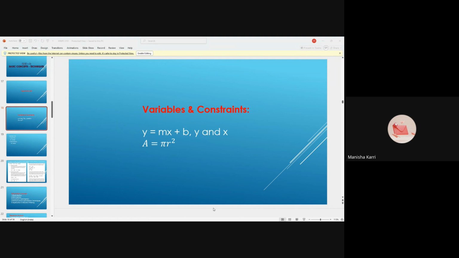Coming to constants, these are used to represent fixed values such as the fixed cost of production, the price of raw materials, or the maximum capacity of the production facility. Constants are important in economic analysis to understand the impact of changes in variables on fixed aspects of a business. So here, constants are the fixed cost and variables are the variable cost.